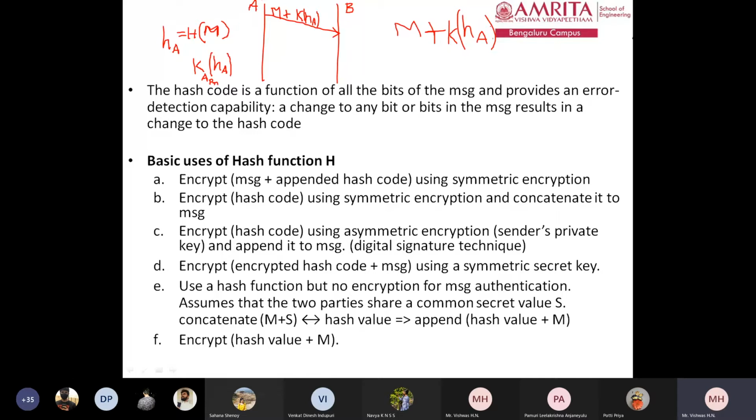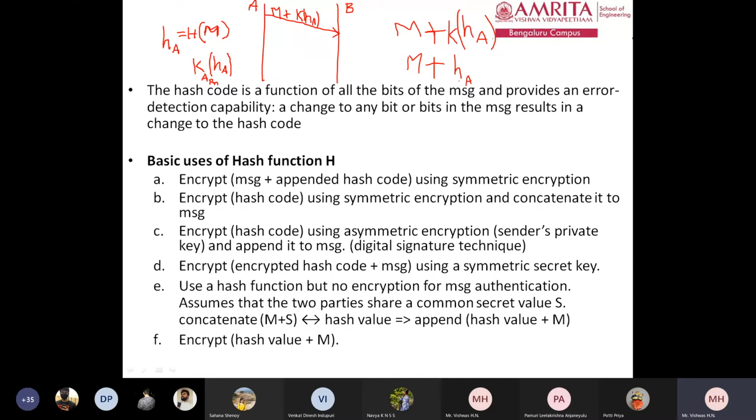So it is confirmed that I have received the message from A, which proves authentication, students. Is that clear? Am I clear, students? So what will B do? B has the actual message. B will decrypt it, and B will get H of A after decrypting with the public key of A.